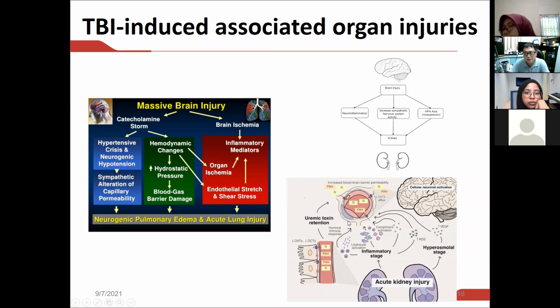Okay, next one. Everyone should know one thing. TBI not only affects the brain, but also a lot of different organs: lung, kidney, liver. It has been proven a lot. So you have to be aware of that.